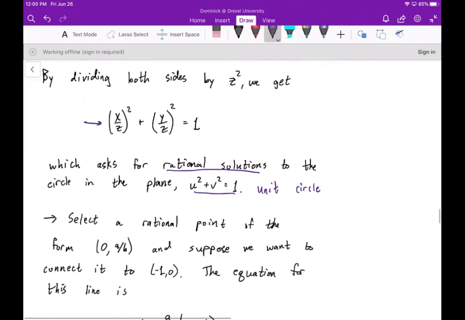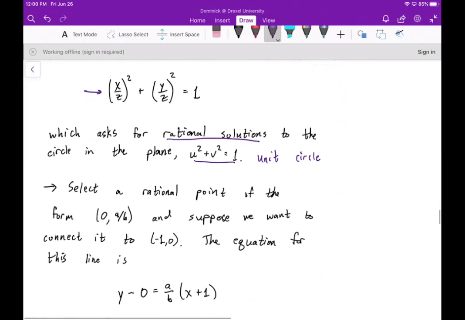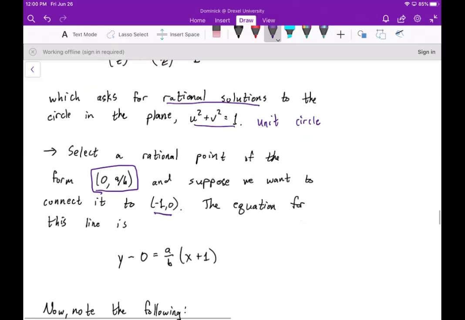Right? Now, in order to do this, we're going to first select a rational point of the form 0, comma a over b. And we're going to suppose that we want to connect it to negative 1, comma 0. Now, the equation for this line in point slope form, right, if we know that our slope is (a over b minus 0) over (0 minus negative 1), is just going to give us a over b.